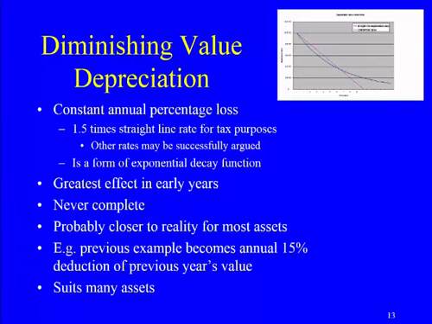In the previous example, when we were looking at the $100,000 asset being depreciated over 10 years, that's effectively 1/10 of the new price being deducted each year. If the owner of that asset was using diminishing value depreciation for taxation purposes, they would subtract 15% of the depreciated value each year from that asset.